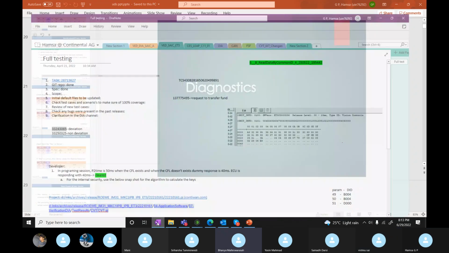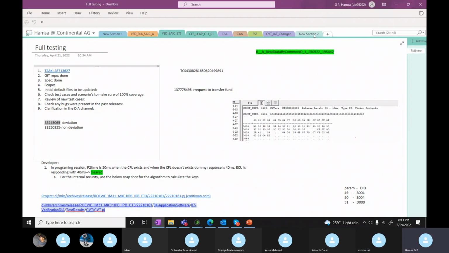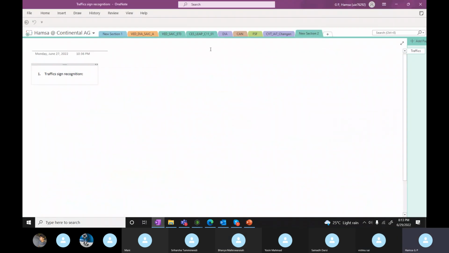Yeah, it's visible. So can anyone tell me what are the services we have discussed so far? Service 10, service 11, service 27. Then what else we have discussed?